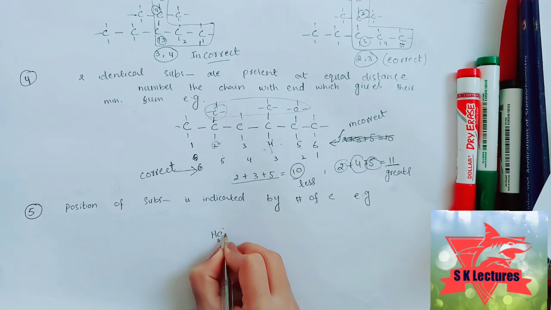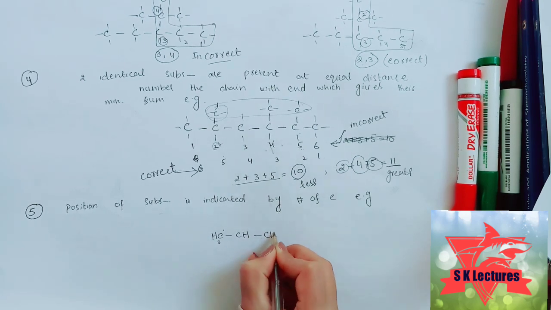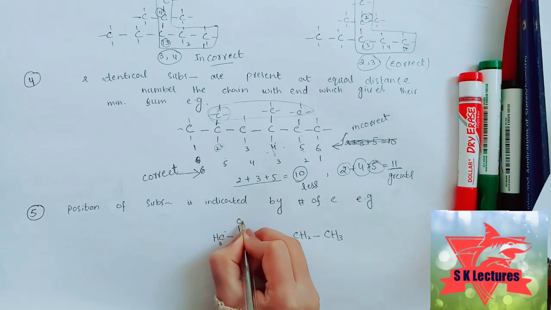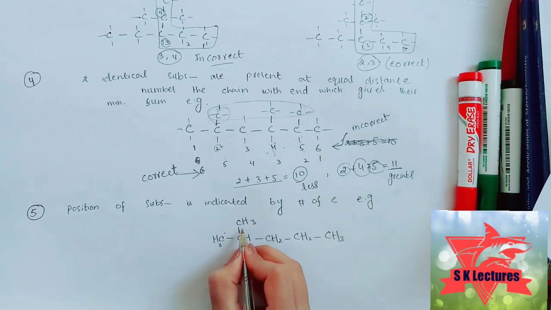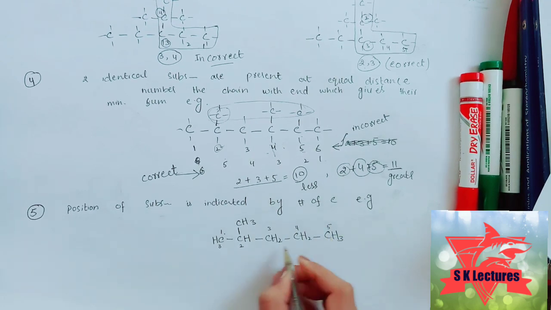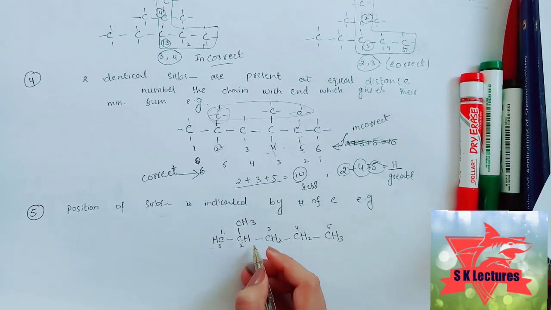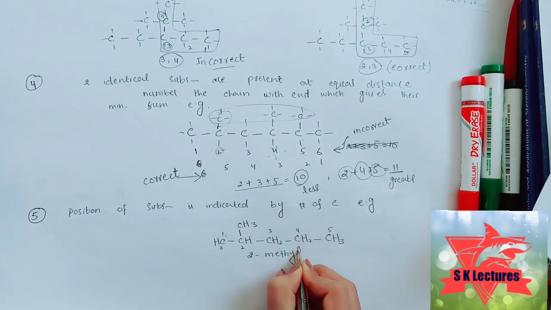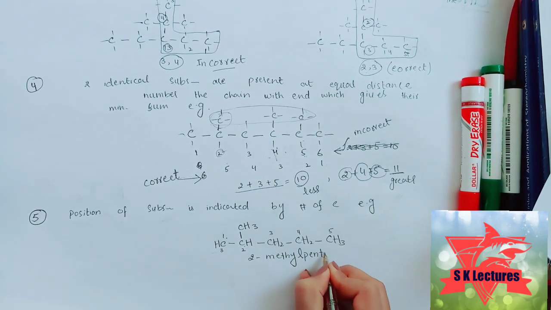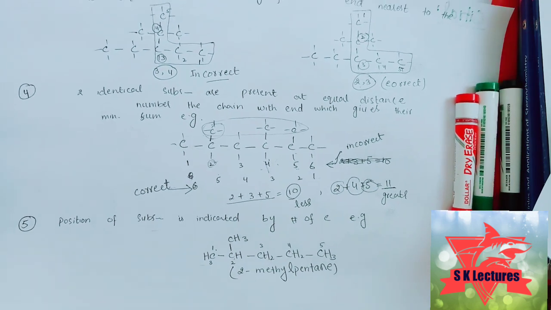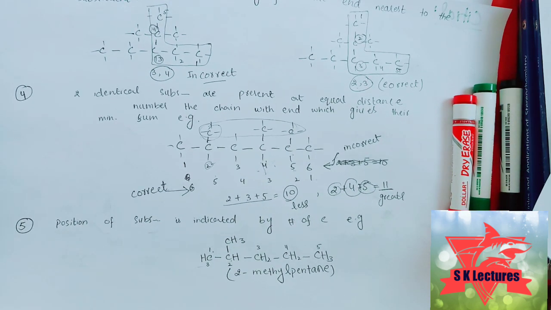For example, we have a pentane with 5 carbon atoms, and we have a substituent on the second carbon. We will number the chain like 1 2 3 4 and 5. So on the second position a methyl group is present, and we will name it 2-methylpentane, because the 5 carbon atom chain is pentane, with a hyphen between 2 and methyl.